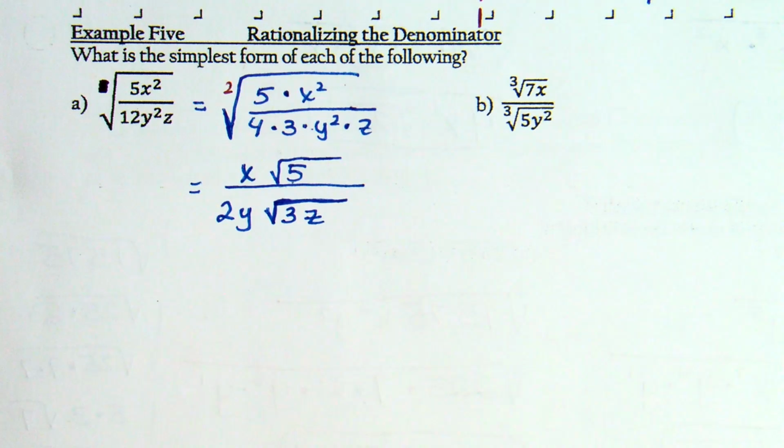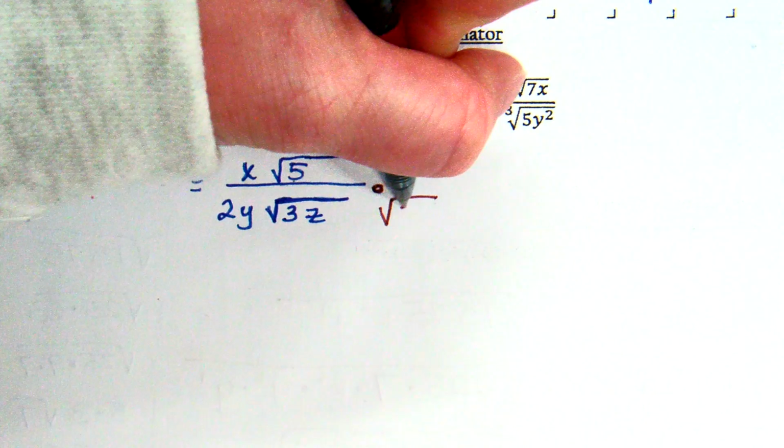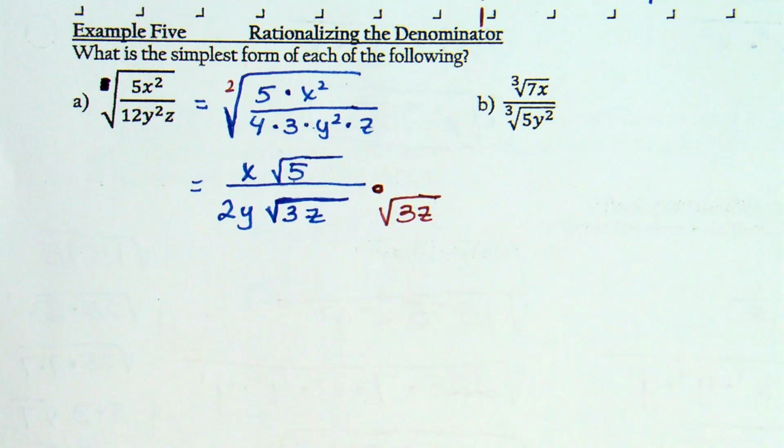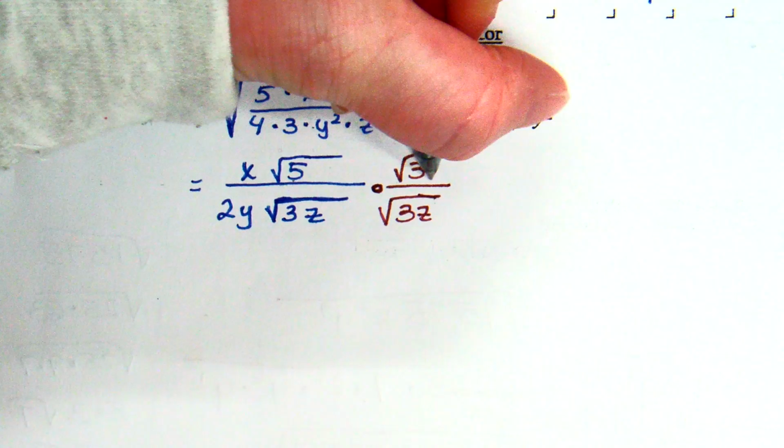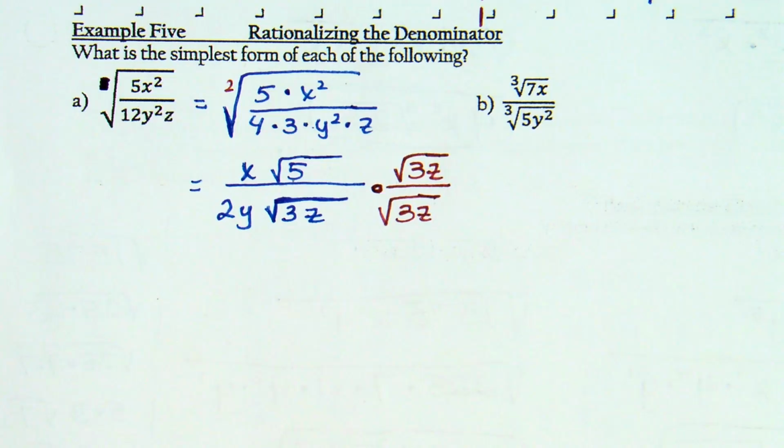So how do we get rid of a square root of 3z? If it's a square root, you have to have 2 of it, so you multiply by 1 more of it. So square root of 3z. What I do to the denominator, we do to the numerator. So I'm multiplying numerator and denominator by square root of 3z.